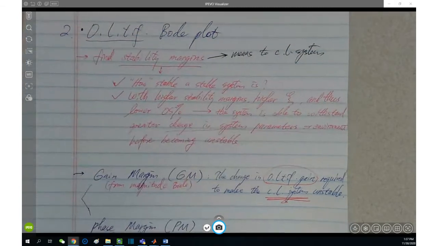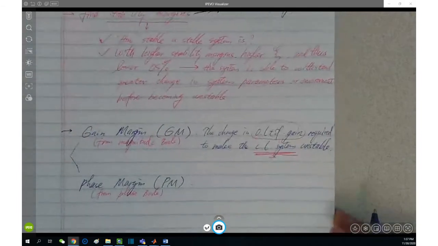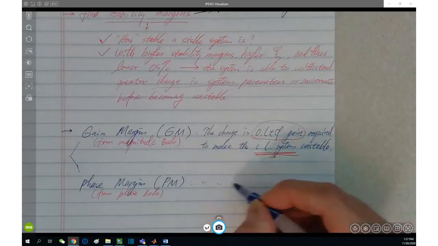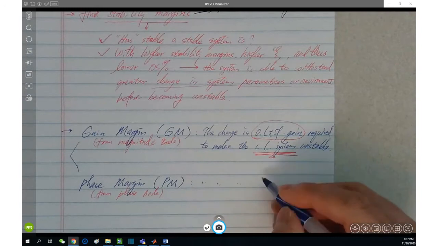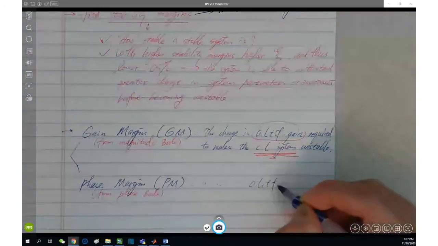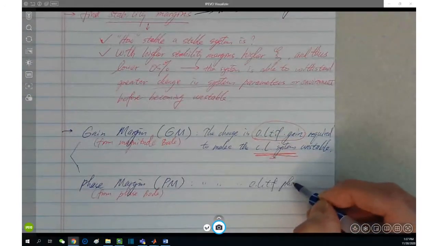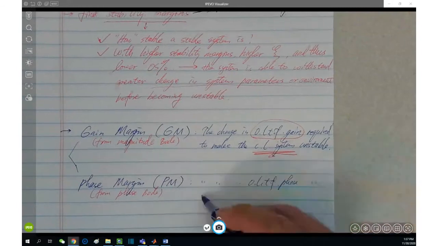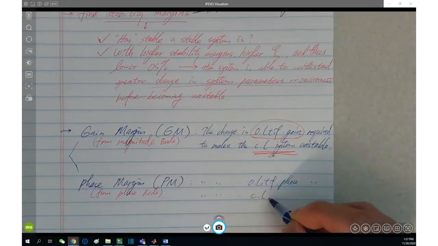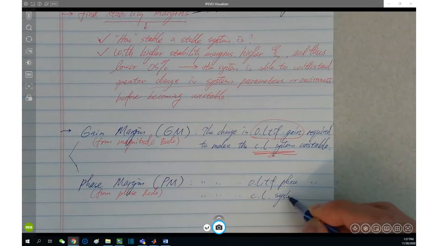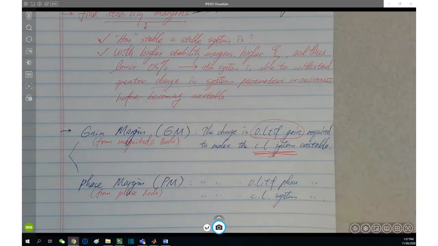Right, so this is the GM, and the PM is similar, right? So it means the change in open loop transfer function phase required to make, once again, the closed loop system unstable. Okay, once again.